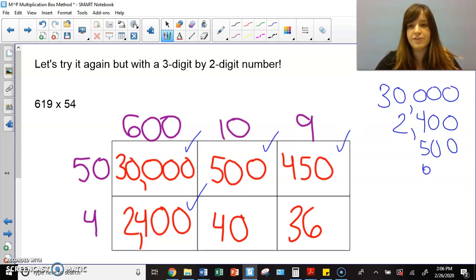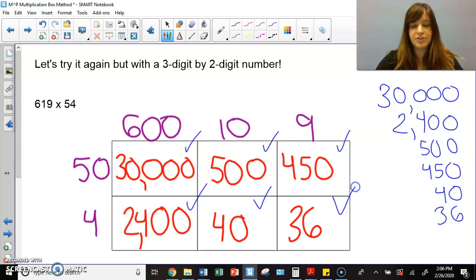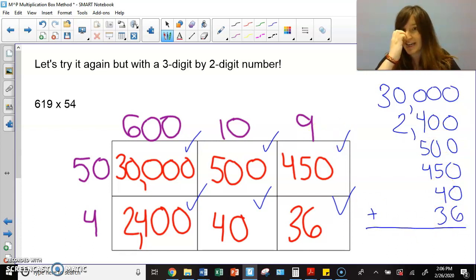Then I have 450. Then I have 40. Then I have 36. And I'm going to double check. I have 6 boxes here, and I have 1, 2, 3, 4, 5, 6 numbers. I'm telling you, it's a quick count to double check and make sure, because it's a bummer to do all that work and then forget to add a number and then get your answer wrong.